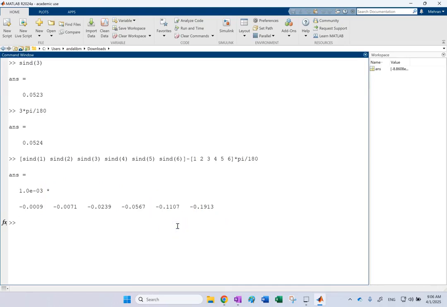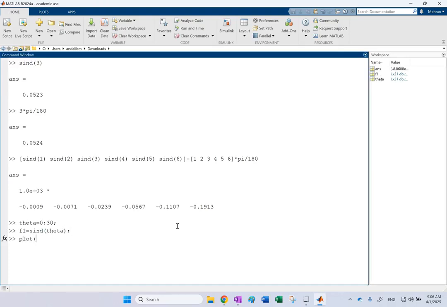Or if you want, you can, again, plot theta and sine theta, right? So say theta equals, for instance, 0 to, I don't know, 30 degrees, correct? And then say F1 equals sine d of theta, correct?